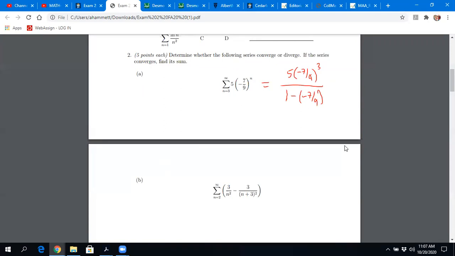which is something you had to recognize. Okay, the second one, letter B, if you write out the first few terms, you start to realize what's going on here. If you plug in n equal to 2, you get 3/4 minus what? So 2 plus 3 is 5, minus 3/25.